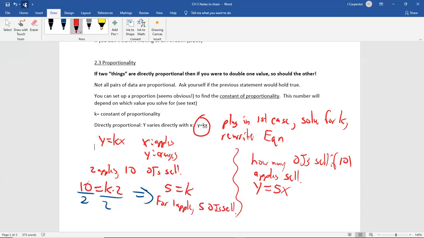So if we sell 101 apples, what do we say apples is? Apples is the X. So we go Y equals 5 times 101, which is 505. Now the answer is not just 505, it's 505 oranges. If we sold 101 apples, and this whole concept was that they were proportional, that means we sold 505 oranges.